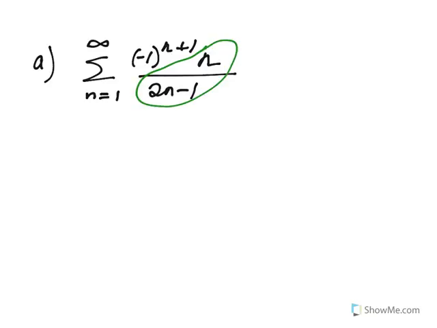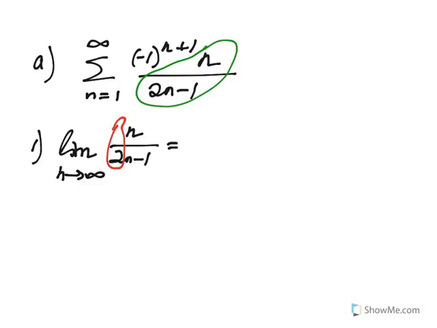Let's check the first condition. Take the limit as n approaches infinity of n over 2n minus 1. Let's see if it's 0. Well, it's not 0. It's 1 over 2. So therefore, you stop there, and you say this series diverges.